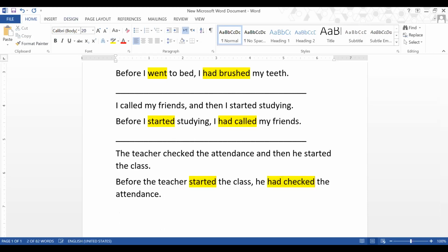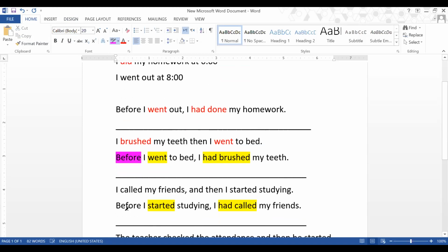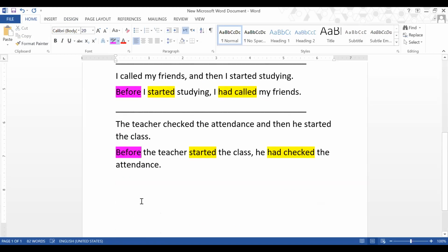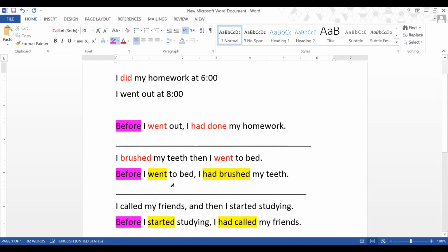Now, I want you to have a look at this. Look, you have here before, and here before. Before is followed by verb 2, right?